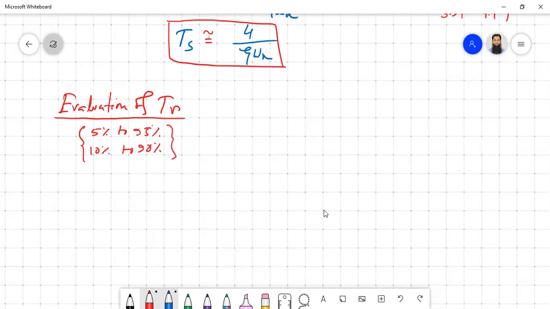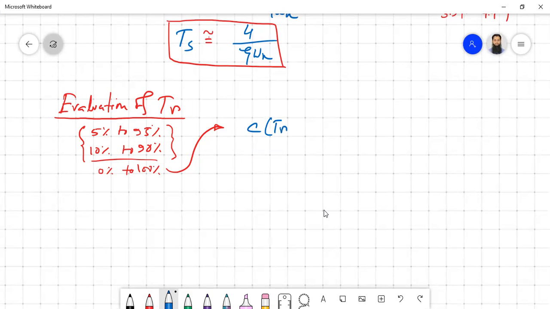That is why in the book that we are following, they haven't given the derivation, but in some other books, they have used 0% to 100%, how much time it takes to go. Based on that, they have derived it. So this is also an approximate way of deriving it.